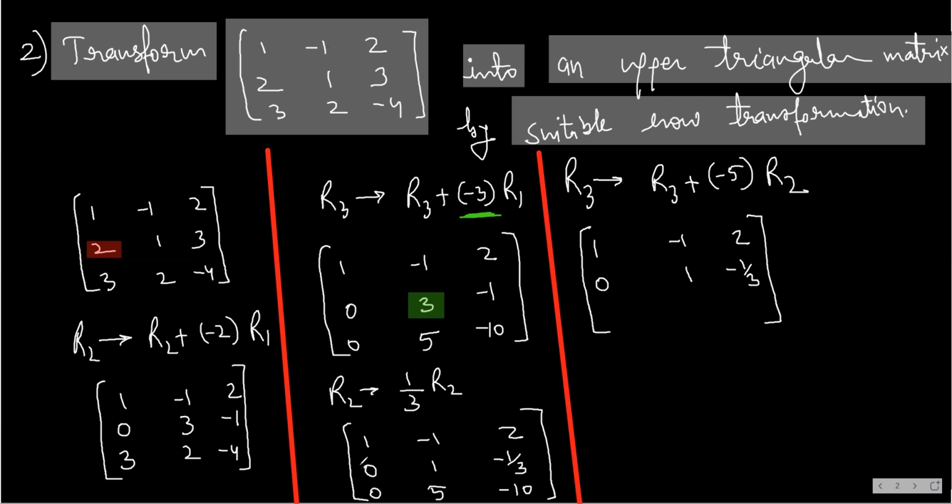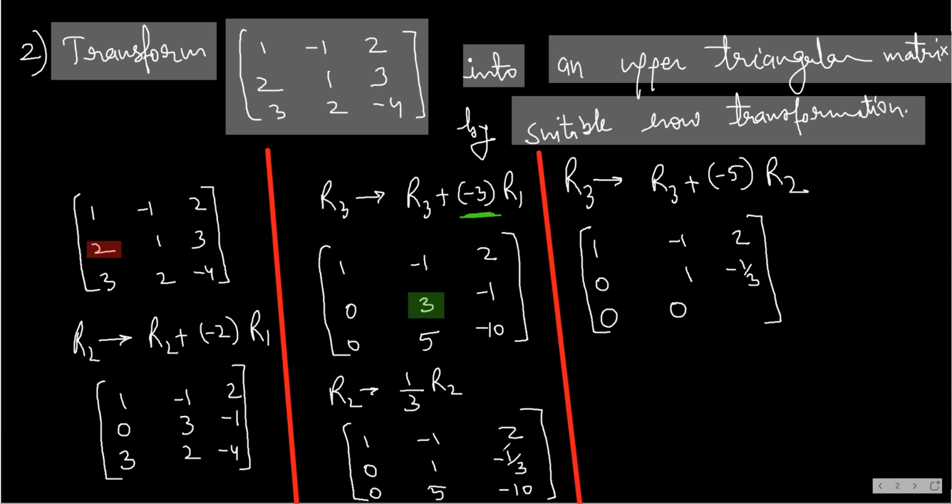See, this is 0, 0 into anything is 0. So when you add 0 to 0, that will remain 0. Then multiply minus 5 here, so this will become minus 5. When you add minus 5 to 5, it will become 0.